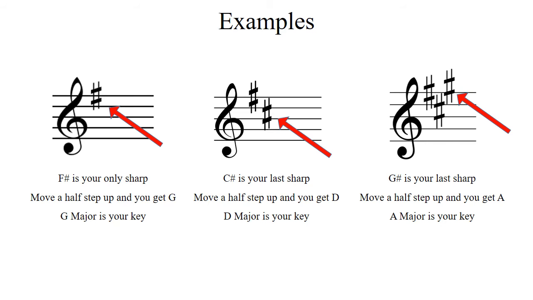Here's C sharp, you move up a half step, there's D major. So our key signature is D major when we have two sharps. And then let's look at this last one. Here, our last sharp, I should say, is G. And so we move a half step up from G sharp, and we get A. So A major is our key signature.